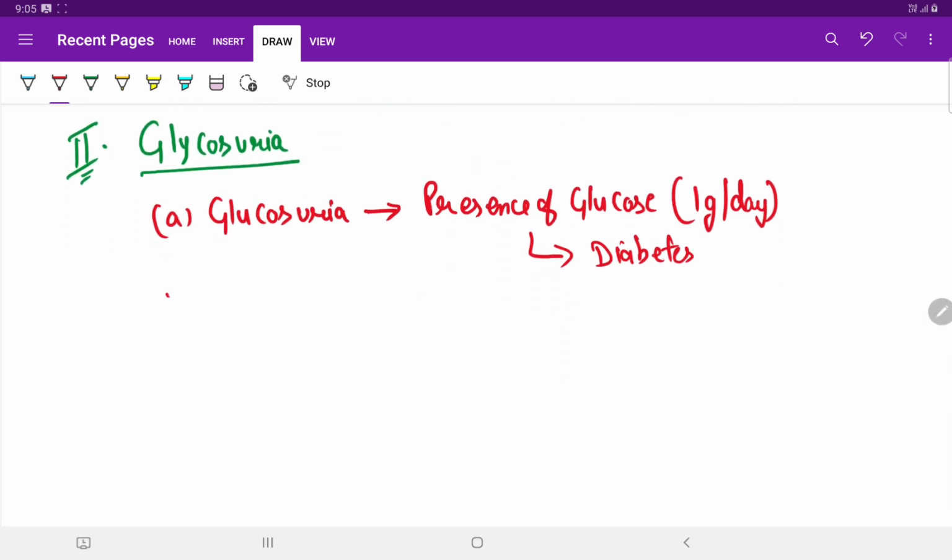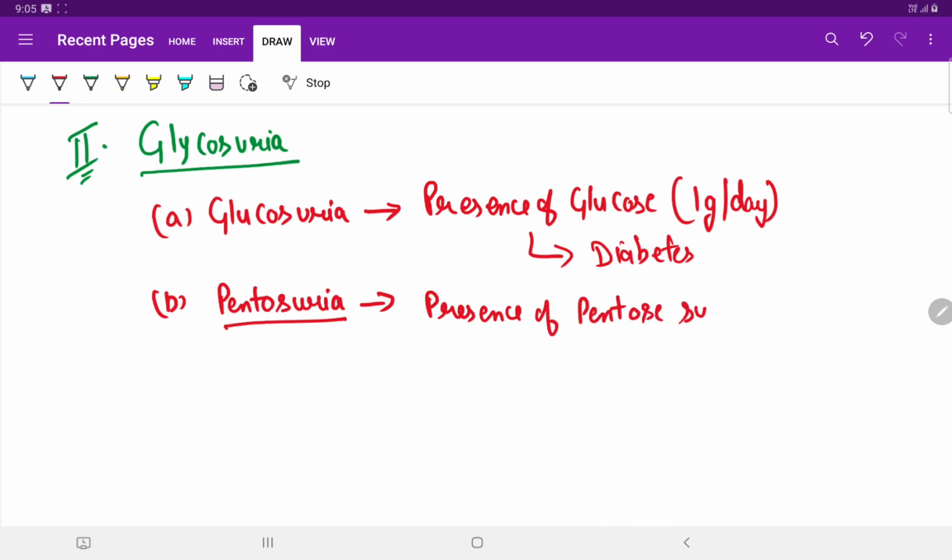The next one is pentosuria. In pentosuria, the presence of pentose sugars is there. It may occur in normal people after ingestion of large amounts of fruits or fruit juices.